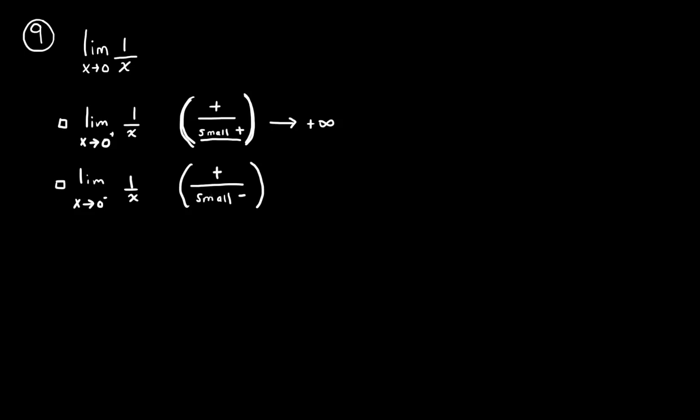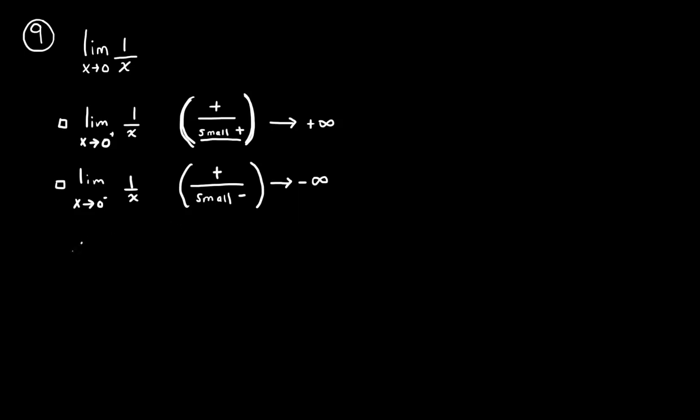Any number divided by something extremely small is going to continue to get larger and larger, and that's the infinity concept. But now, because of the negative, it's going to approach negative infinity. So this fraction actually gets smaller, not in magnitude, but in negative value, more and more negative. So we would say it approaches negative infinity.